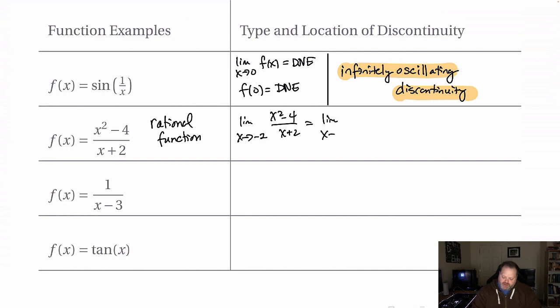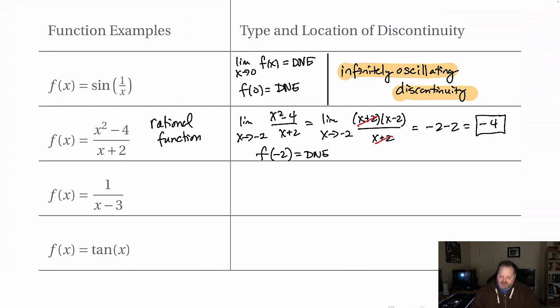This is the same thing as x plus 2 over x minus 2 in the top when you factor it. And when you cancel, you're just left with x minus 2, which if you evaluate at the limit now becomes -2 minus 2 or -4. So the limit at -2 is -4, but the function value at -2 does not exist.